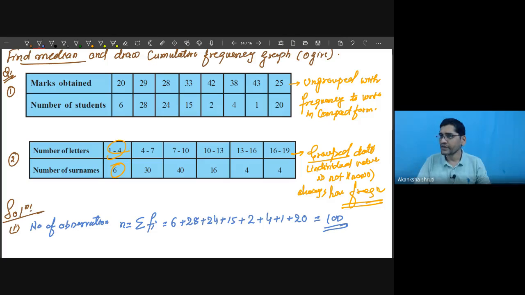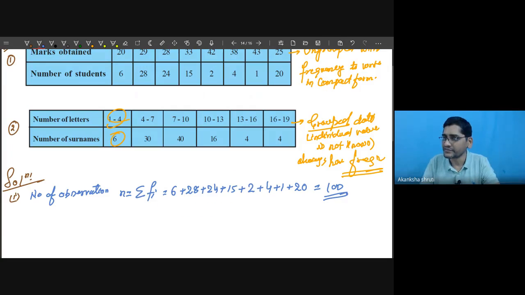Okay, student? So 100 means what? N is 100. How many middle data are there? N is equal to 100. It is even. It means 2 middle data.